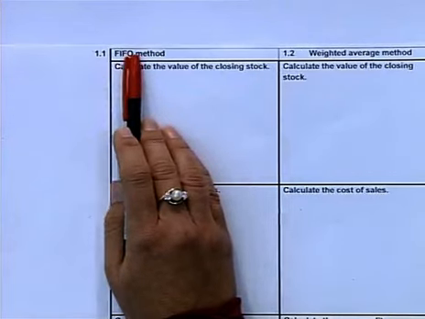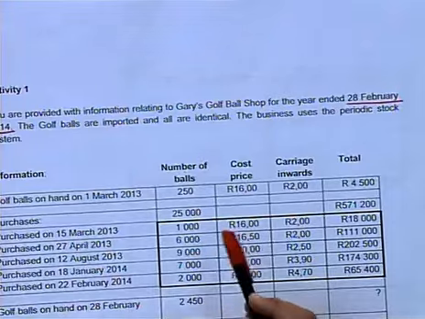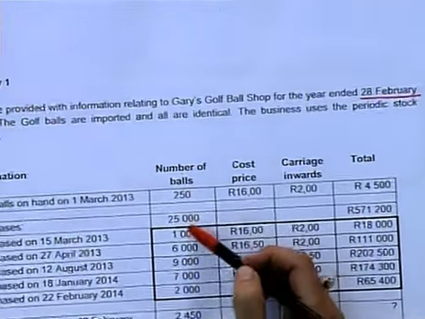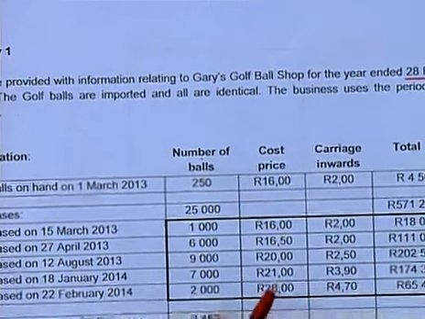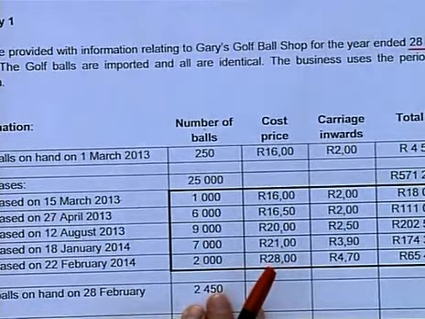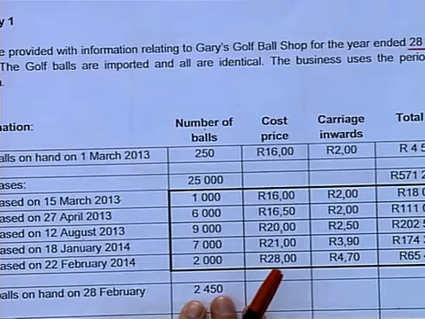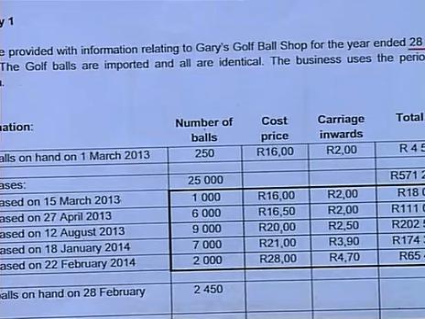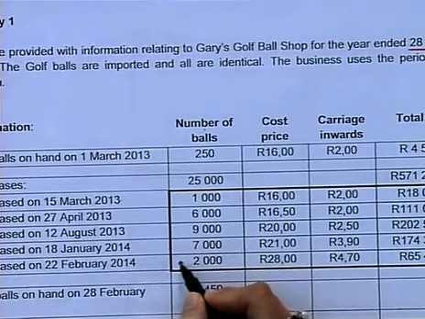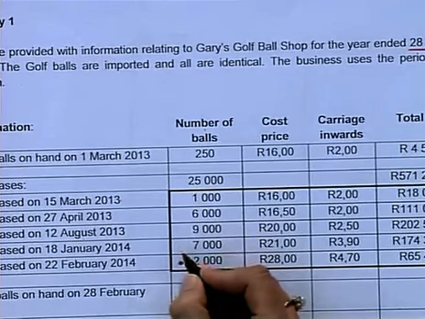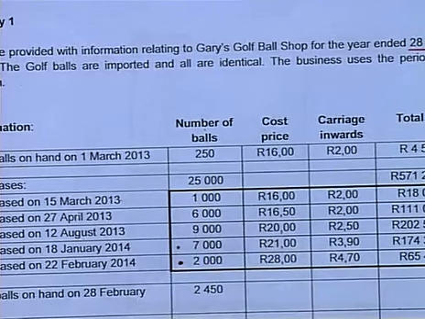Okay, now remember, I said what is bought first will be sold first. If I know that in the end I have 2,450 items left, then surely those 2,450 items must be 2,000 from this batch and 450 from that batch.